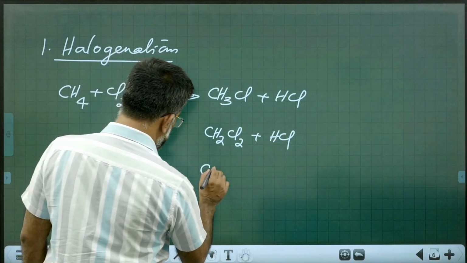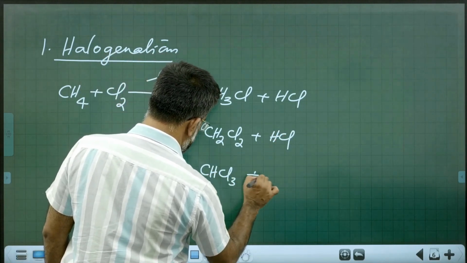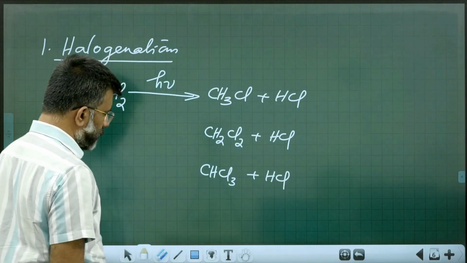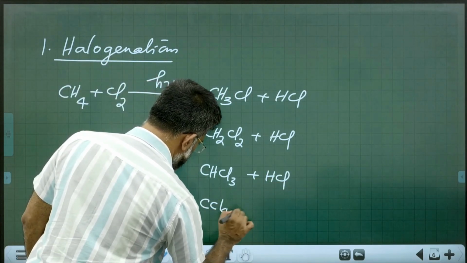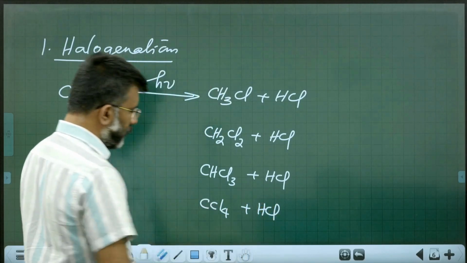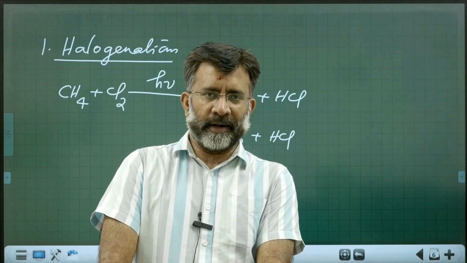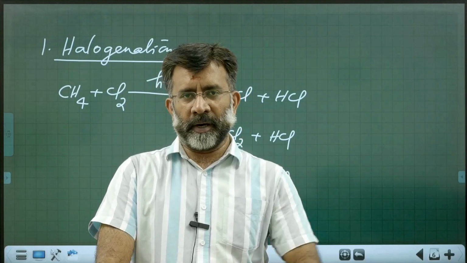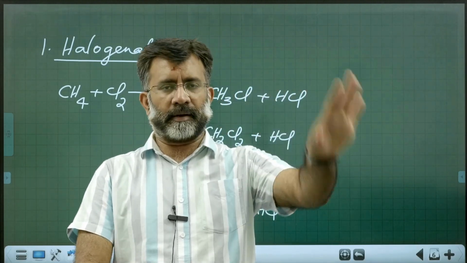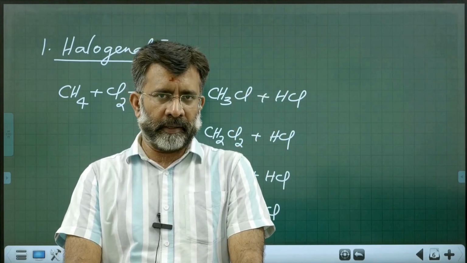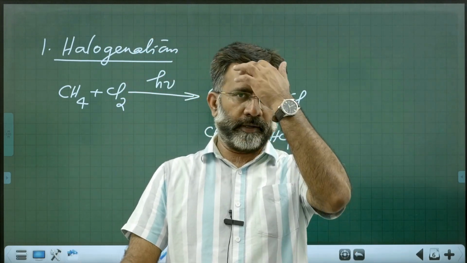You may also get CHCl3 with the elimination of HCl. You can get CCl4 with the elimination of HCl. You can get monochloro, dichloro, trichloro, perchloro derivative. The entire hydrogen atoms replaced by chlorine, a perhalogen derivative.